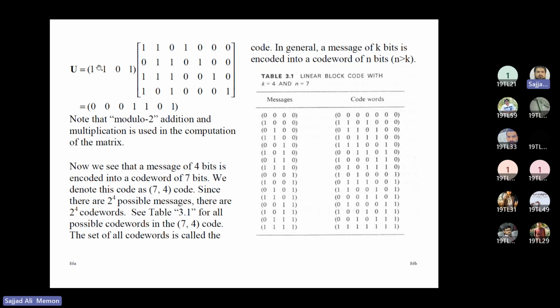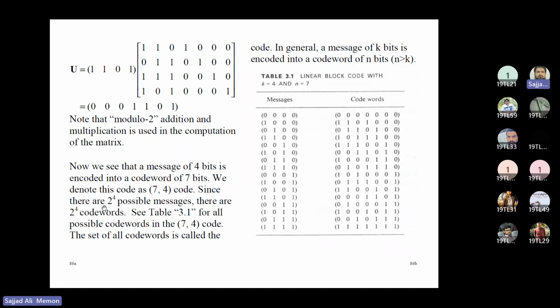Now we see that a message of 4 bits is encoded into a code word of 7 bits. So we denote this code as a (7,4) code. Total 7, and 4 is the message. So 3 redundant bits are added: n minus k is equal to 3.